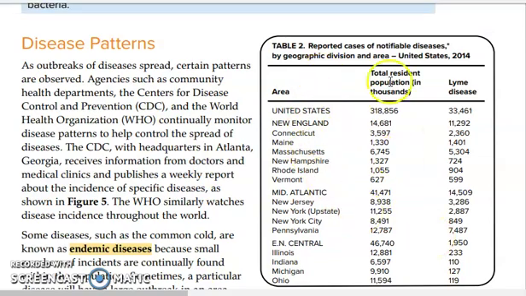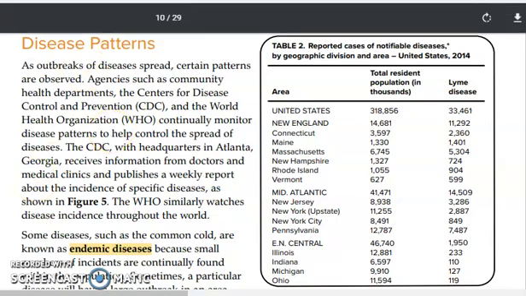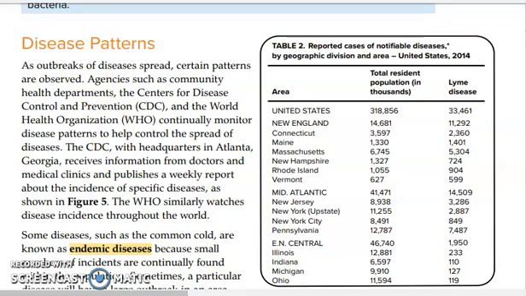This is according to the numbers that have been recorded, and this is done by the Centers for Disease Control and Prevention and the World Health Organization, and even agencies such as community health departments. These are the places and the authorities that have the responsibility of recording and finding out if the disease is endemic, pandemic, or epidemic.